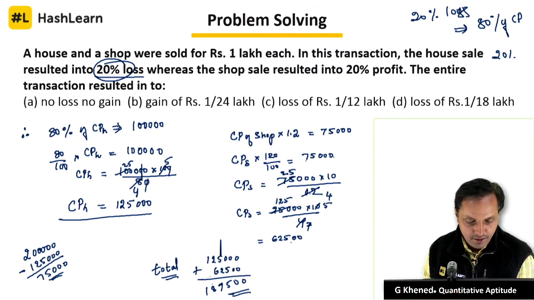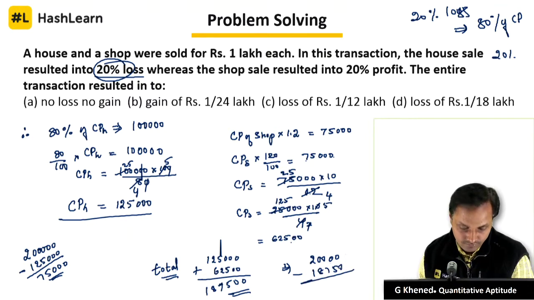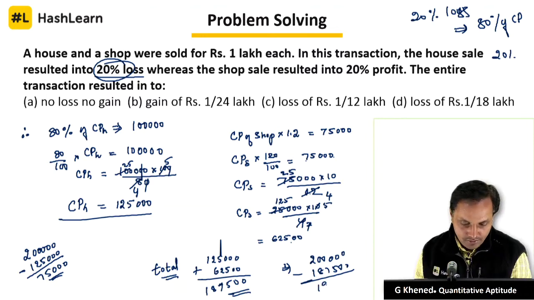So what is the difference between these two? 2 lakh minus 1,87,500. That will give you 12,500.